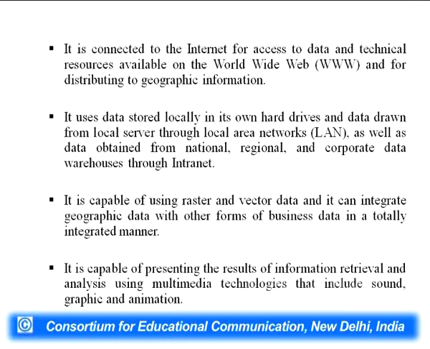It is capable of using raster and vector data, and it can integrate geographic data with other forms of business data in a totally integrated manner. It is capable of representing the result of information retrieval and analysis using multimedia technology that includes sound, graphics and animation. So nowadays we can synchronize this technology or software according to our need.